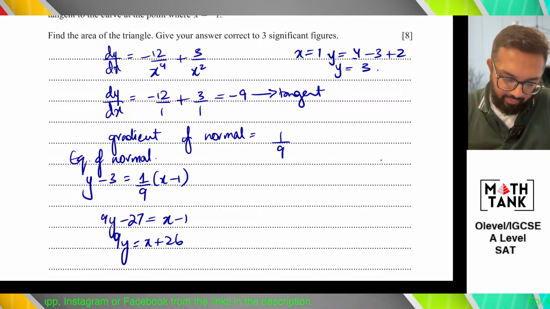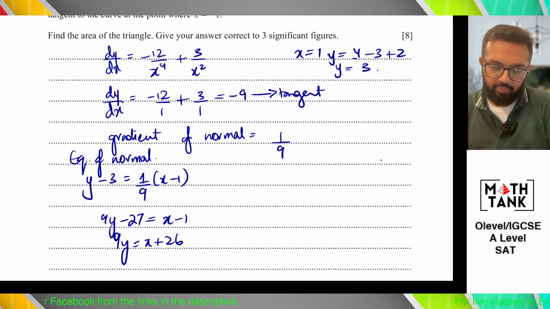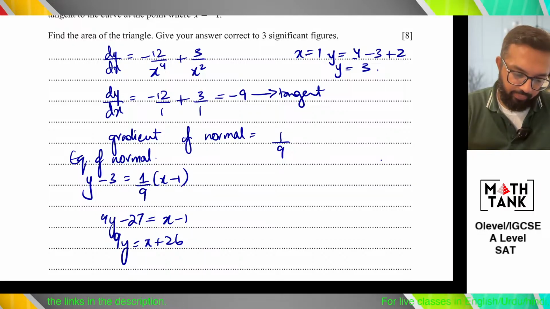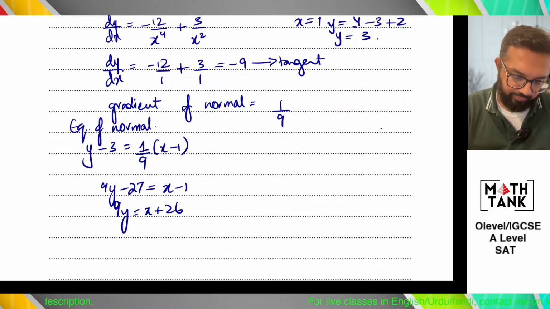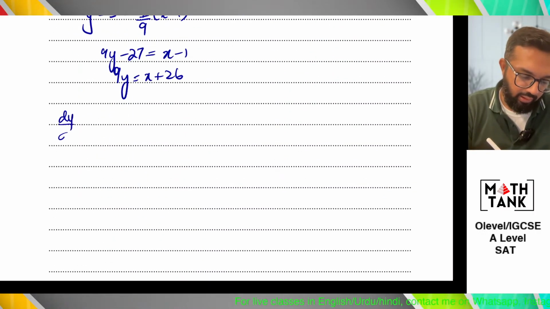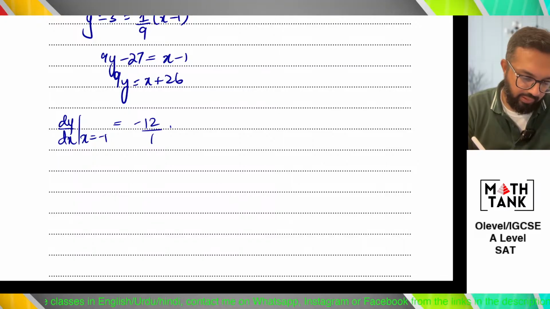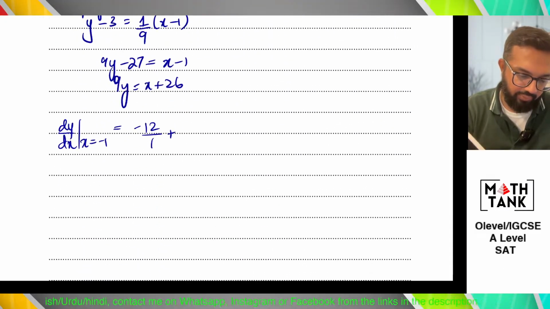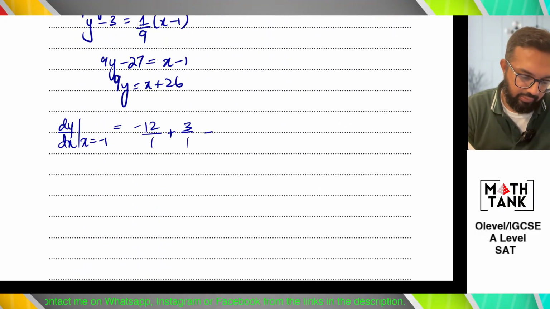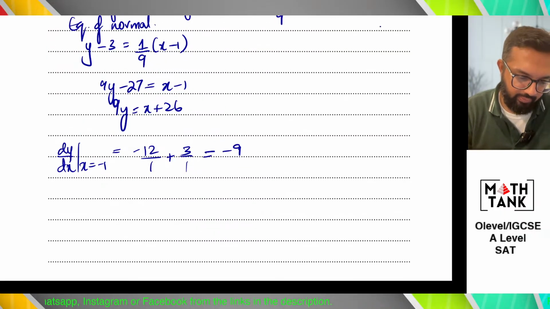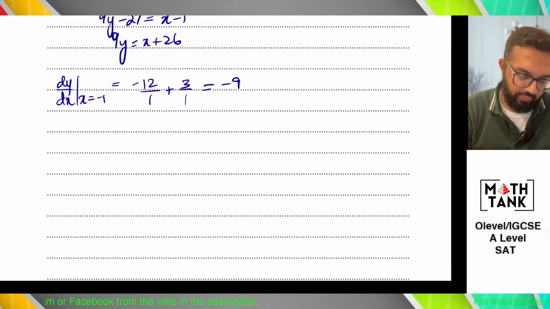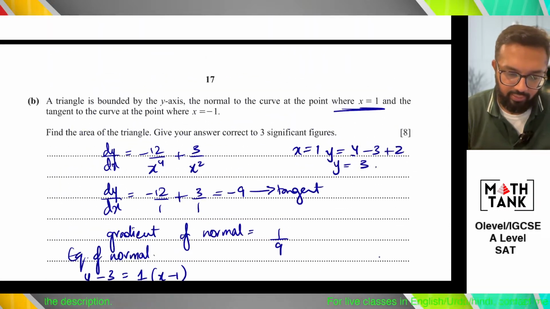Okay, I think that equation looks fine to me. Okay, then dy by dx at x equals minus 1: minus 12 over 1 plus 3 over 1, that gives me minus 9. So that's the gradient of the tangent, but let's find out what y was then.